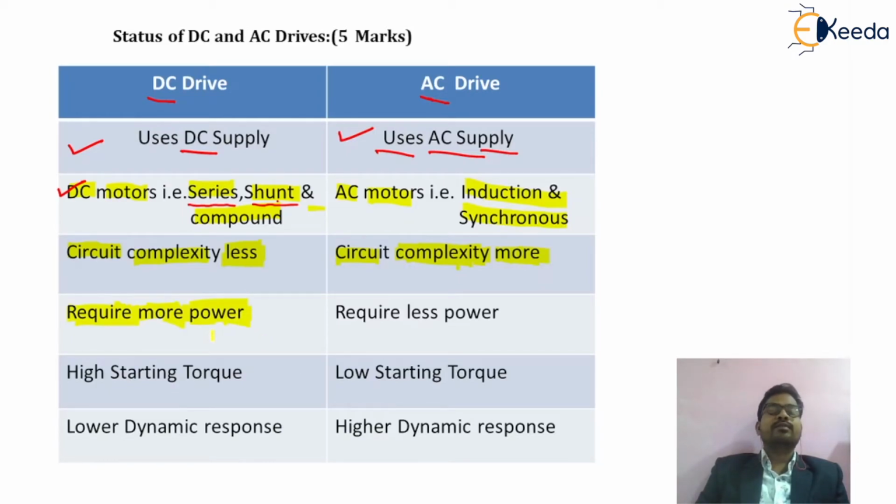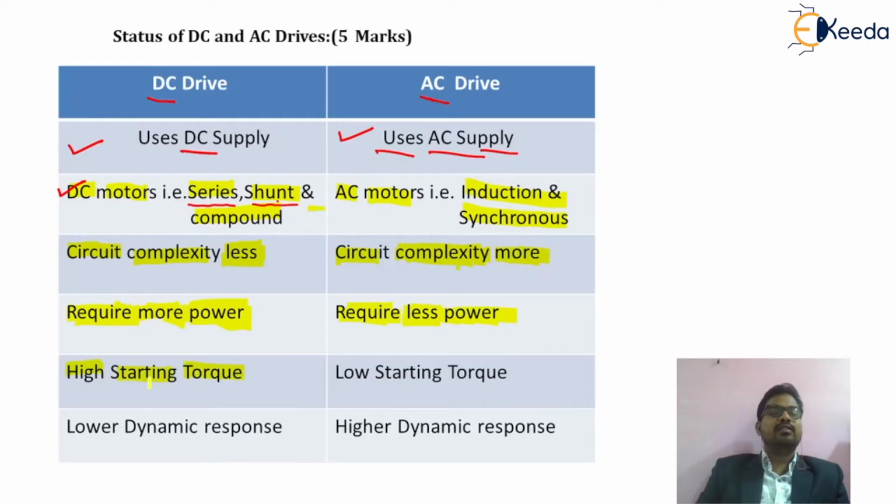Along with that, we are using AC supply, so we want to convert that AC supply into DC supply by means of the rectifier. But in concern with the AC drive, we already have the AC supply, so we don't want to convert it into another type of supply. So it will require less power as compared with the DC drive. Then the next point is called high starting torque.